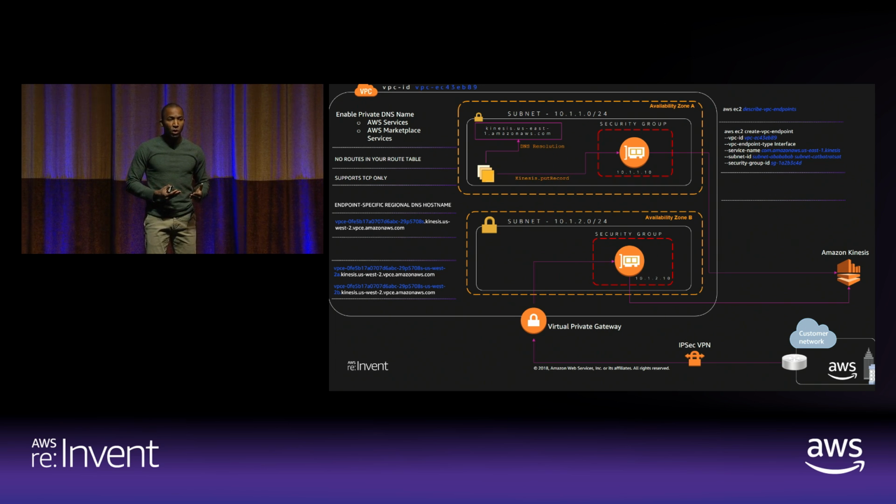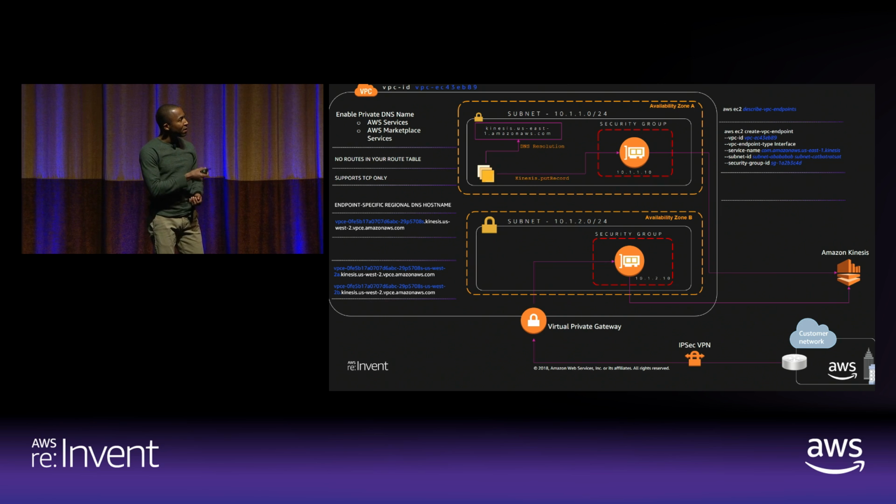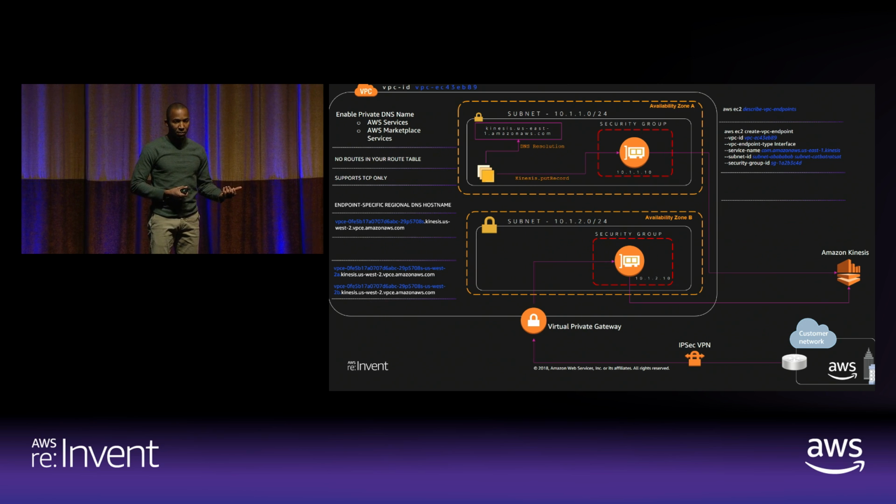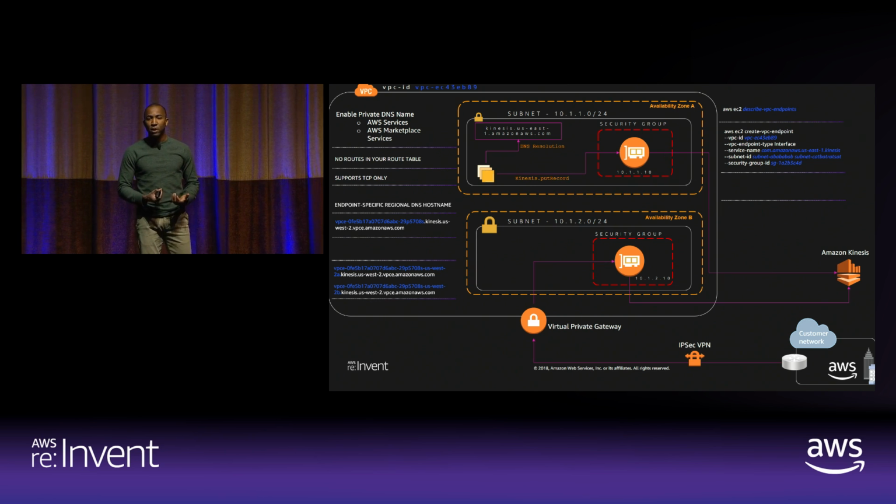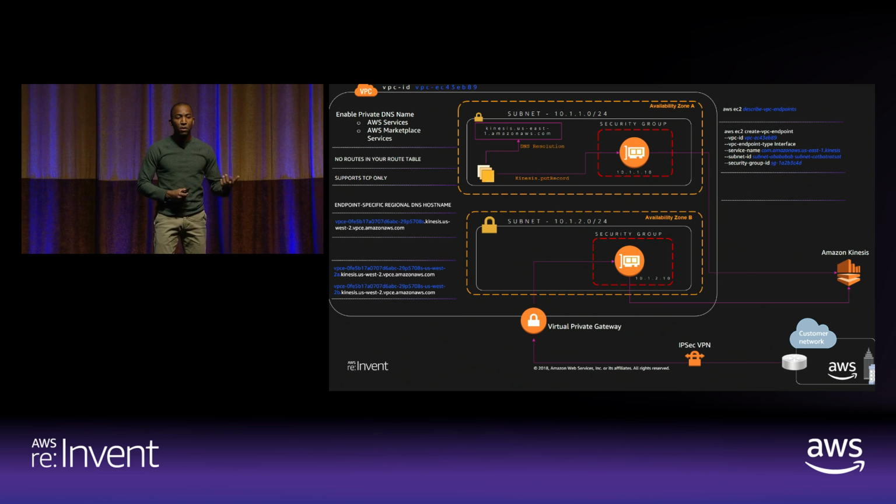So you can decide which hostname to use based on the availability zones that your applications live in. You access VPC interface endpoints through these hostnames. So unlike gateway endpoints where we have a route added to your route table, with interface endpoints, you access these services through the DNS hostnames that we provide for you.